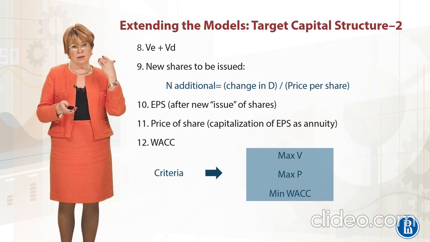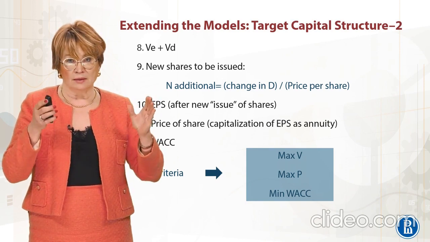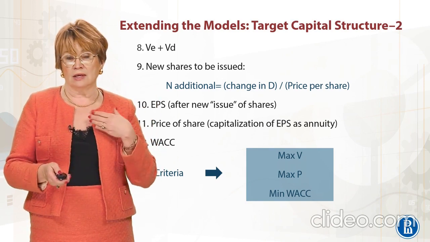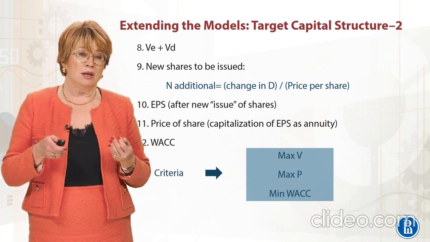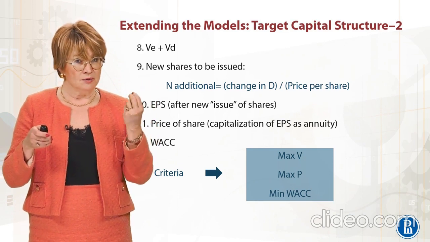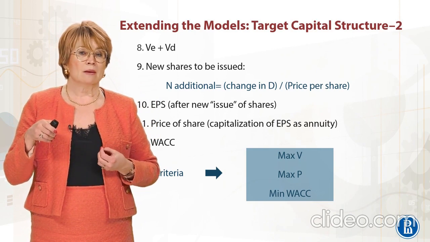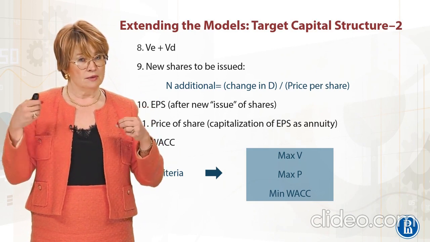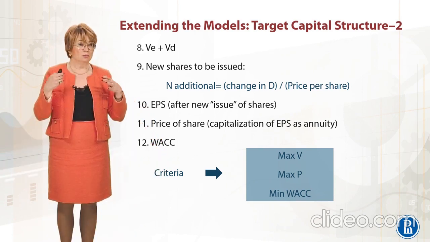So if we can assume that EPS at that particular level of debt to equity stays the same, it again becomes an annuity, and we can find the price per share. How? We will divide EPS, the new value, the result of step number 10, by the cost of equity, the result of previous steps.